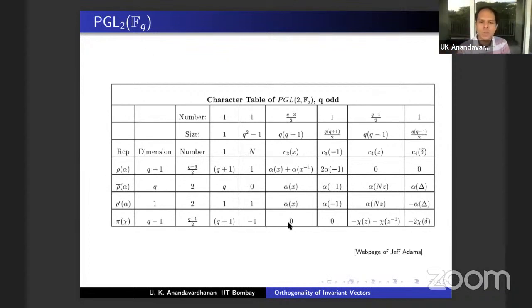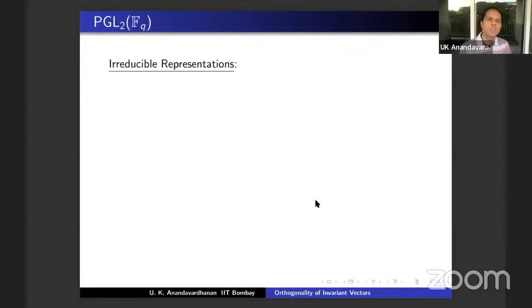So here is a character table. As I said, the problem becomes a question of character theory. If one has to do computations, one will have to look at it, but I just thought I will display it here. We are not going to do any computations in today's talk. It's a finite group, so there will be finitely many irreducible representations.